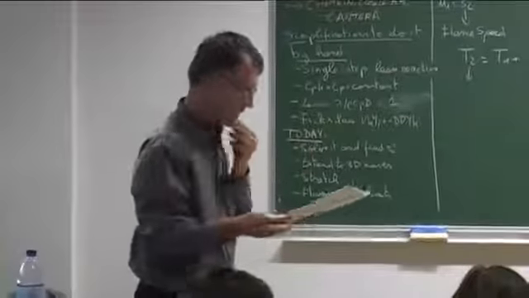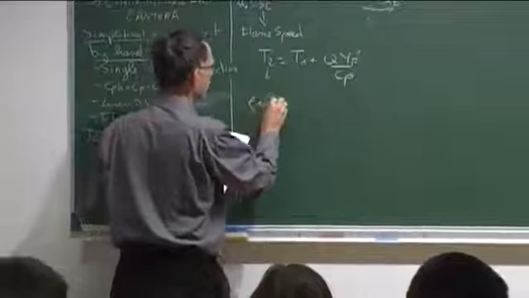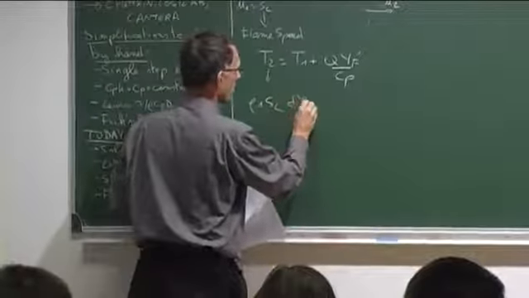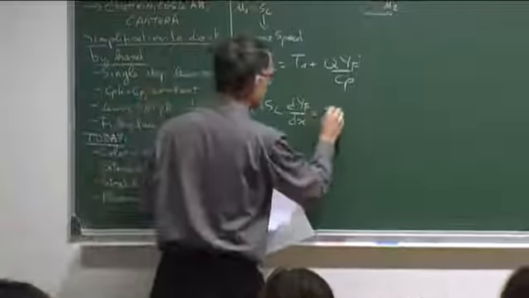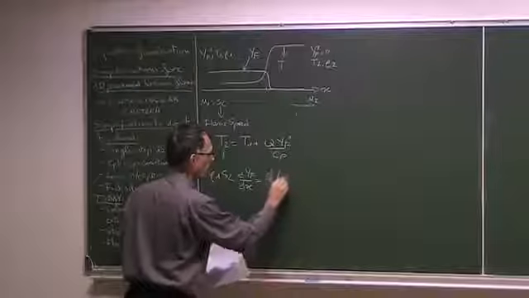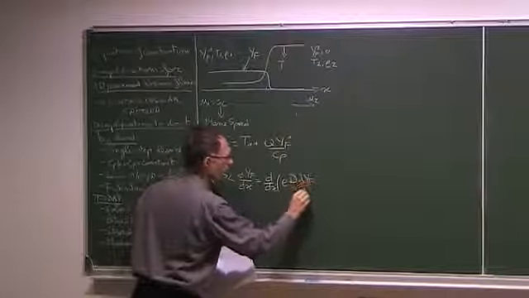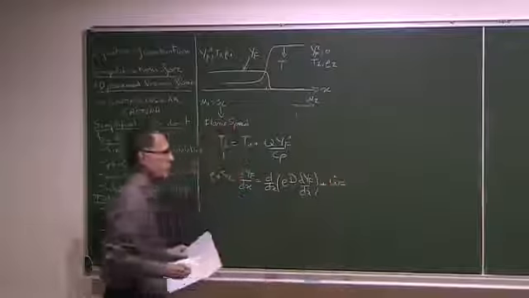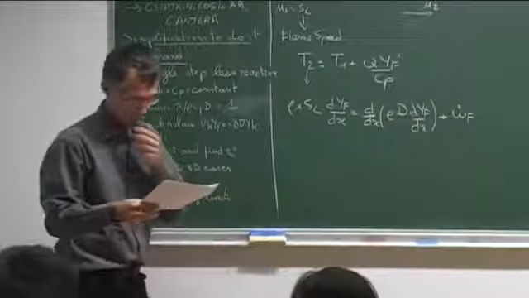The equations here, I'm going to write them again. The equations we had last time can be simplified to this form. We have one differential equation for the fuel mass fraction, which you can write this way. And here we have the reaction rate of the fuel, which is a negative number. We're going to destroy the fuel.